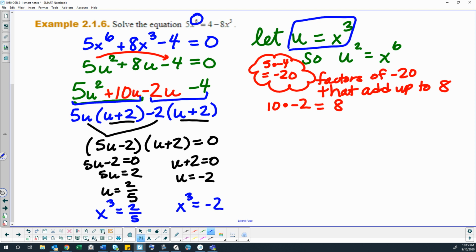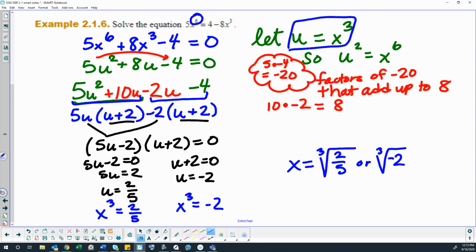How do you solve a problem like this that just has an x cubed equal to a constant with nothing else in the way? What's the inverse of a cube? Cube root. Perfect. So x can be the cube root of 2/5 or the cube root of negative 2.